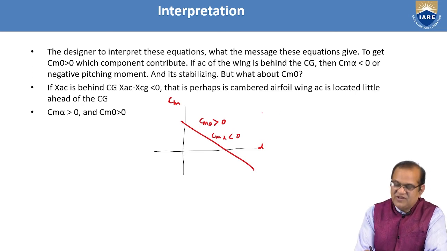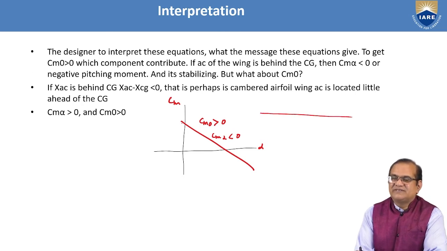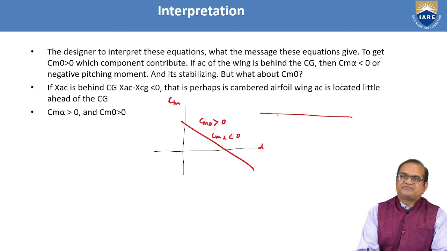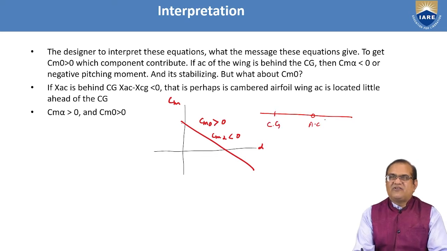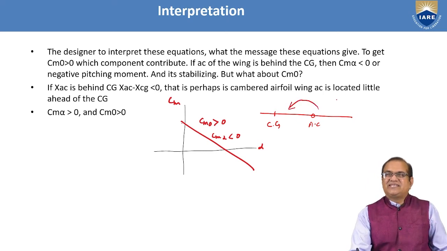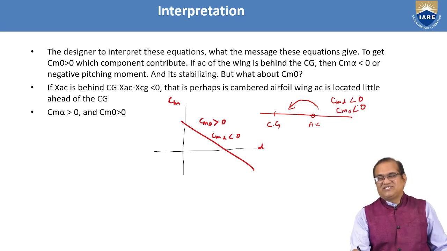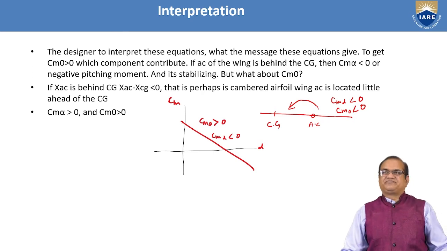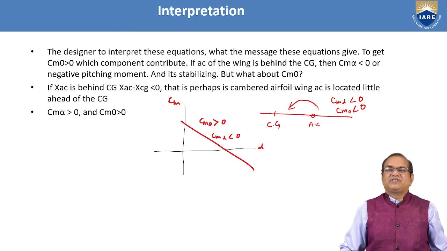Okay, we have already discussed this thing. So if the aerodynamic center is here, AC, and here is CG. So if the aerodynamic center is behind the CG, it will be going like this. So here CM alpha is less than 0, but this will give CM naught also less than 0. Okay? But what about CM naught?